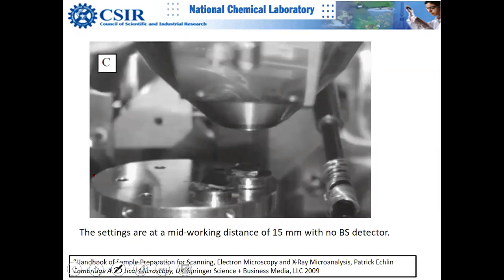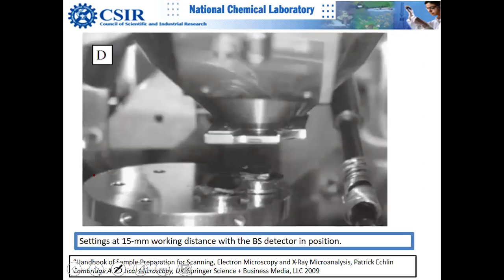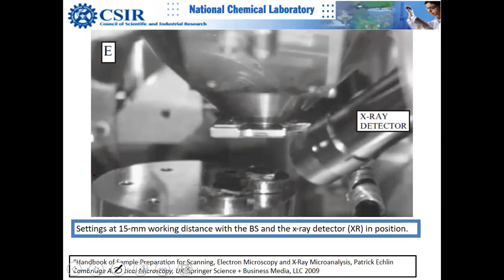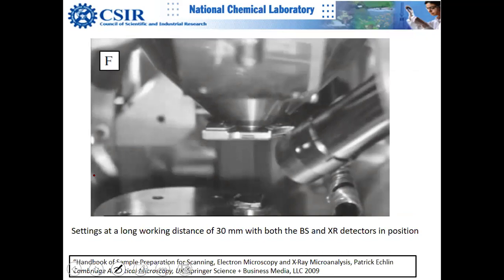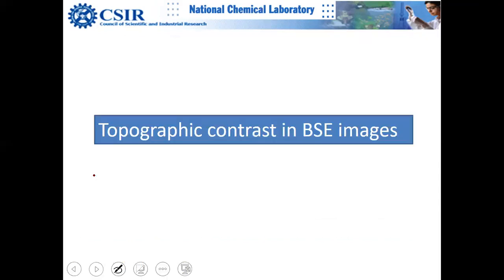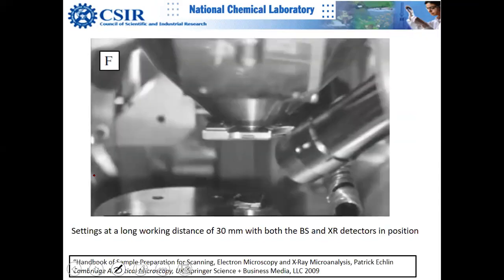So these are other settings, no backscatter detector. I think I can skip these images. There's nothing much to explain here, but it is always good to connect with the machine, and this is the best way you can connect with the machine here, through the images. Anyway, it is mostly done by the operator in most of the institutes in India, at least.